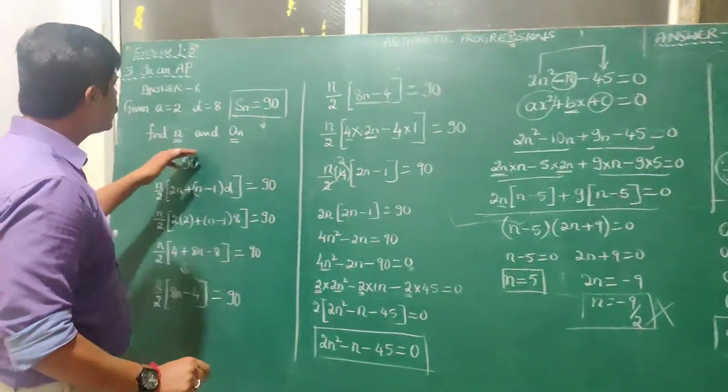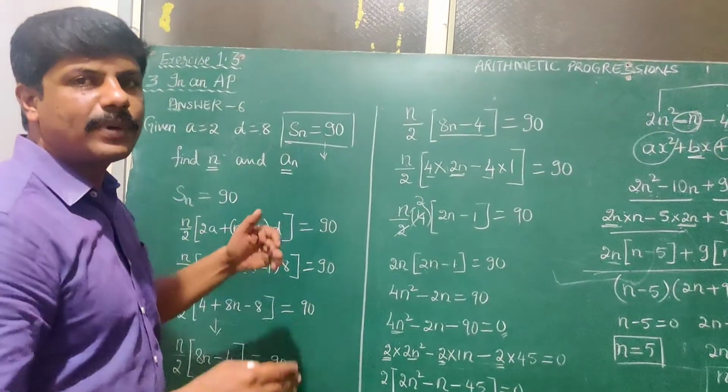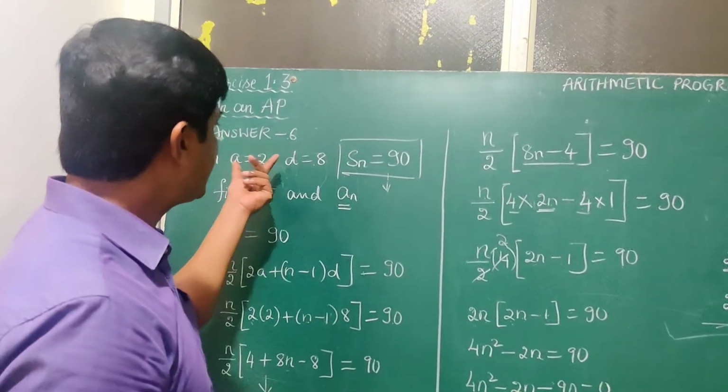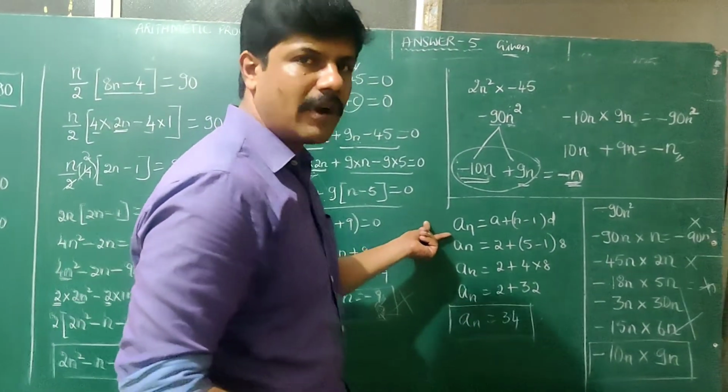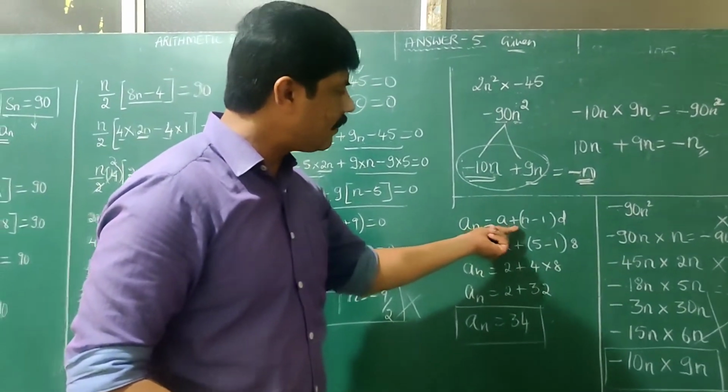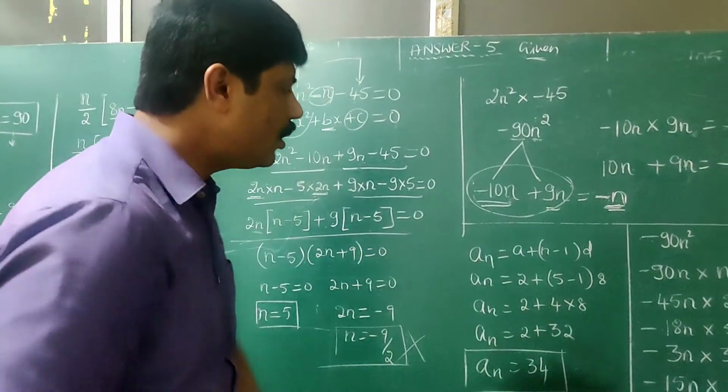Next, what is asked to find? an. With a simple formula we will find it by substituting. an formula is equal to a plus n minus 1 into d.